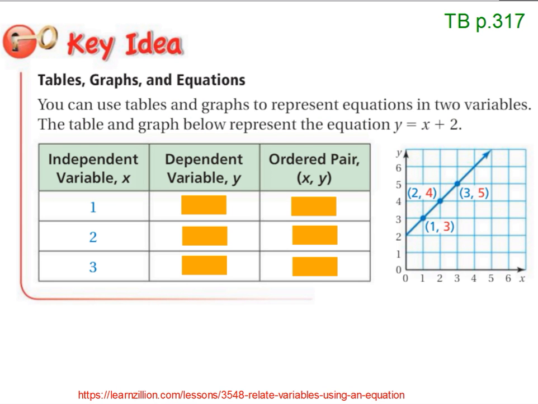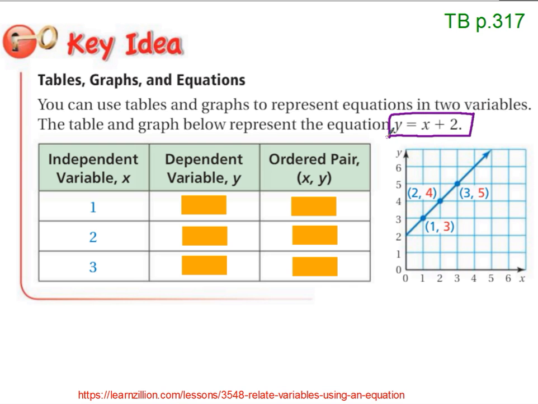We're now going to take a look at how this relates to tables, graphs, and equations. You can use tables and graphs to represent equations in two variables. The table and graph below represent the equation y equals x plus 2.